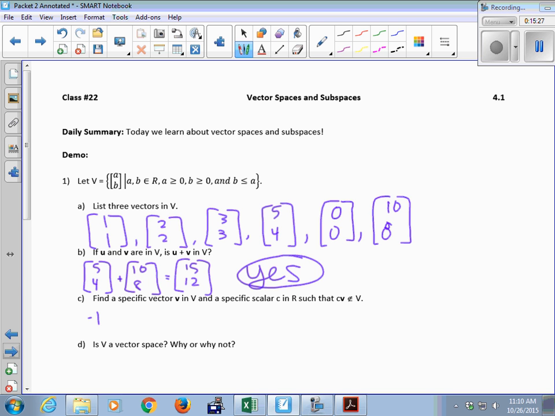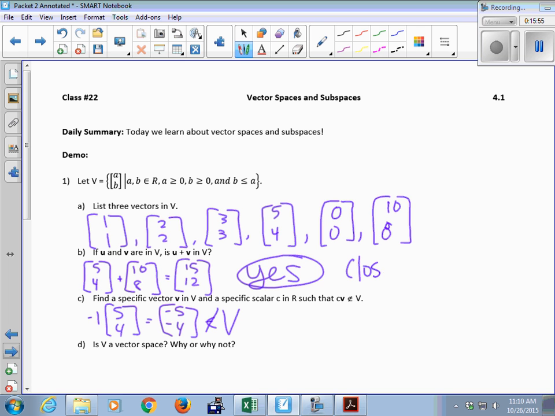If I do -1 times any of these vectors I picked, like (5, 4), my result is (-5, -4), which is not in V because my entries are negative. So this means that V is not closed under scalar multiplication.